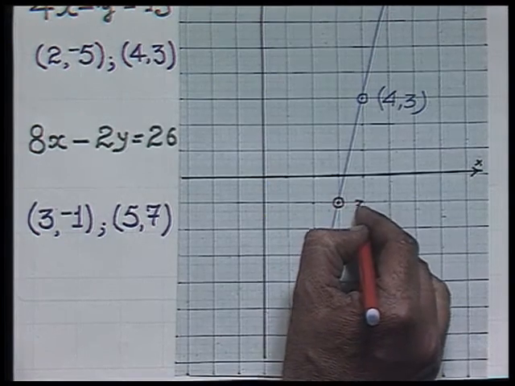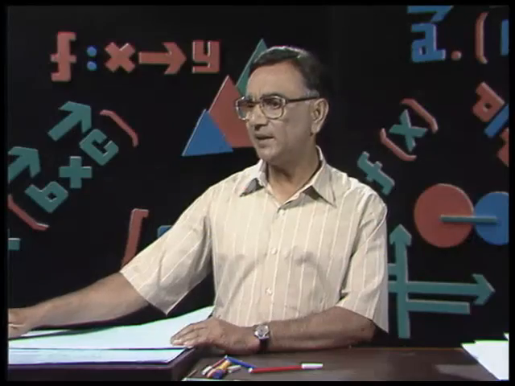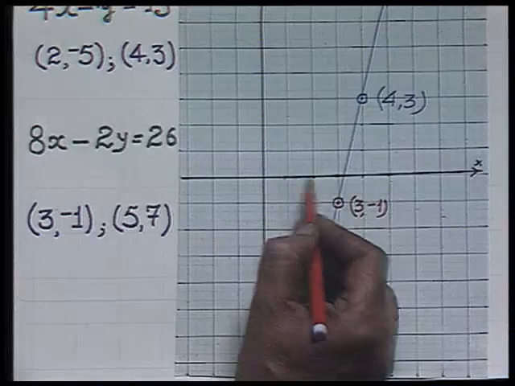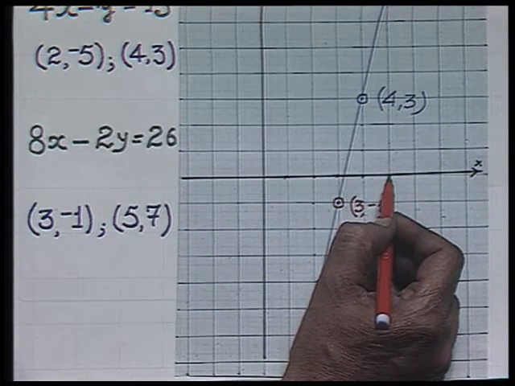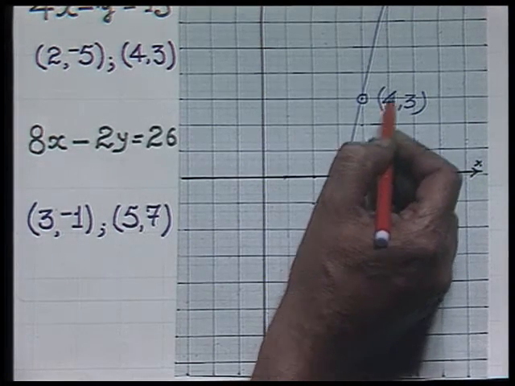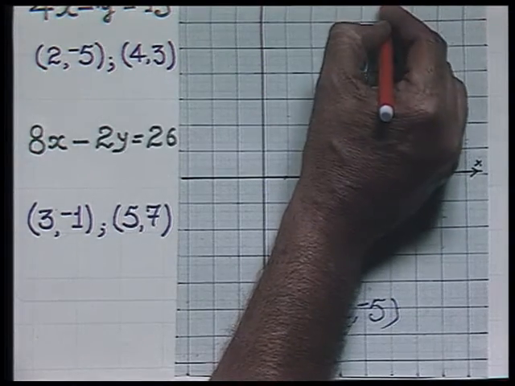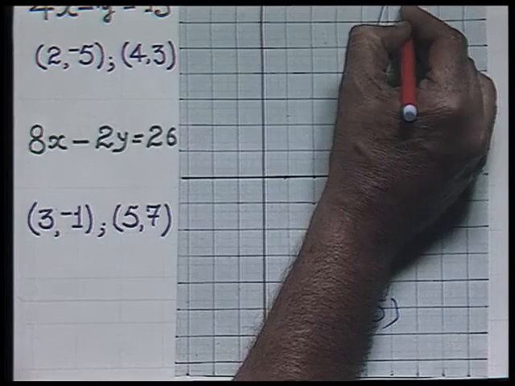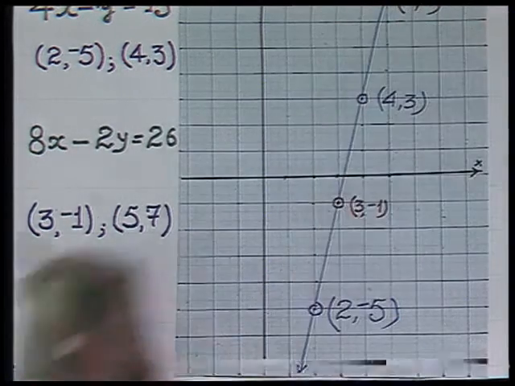It is on the line itself. The other ordered pair is (5, 7), 1, 2, 3, 4, 5 and 7 units being positive, move up 1, 2, 3, 4, 5, 6 and 7. So this point is also lying on the previous line.